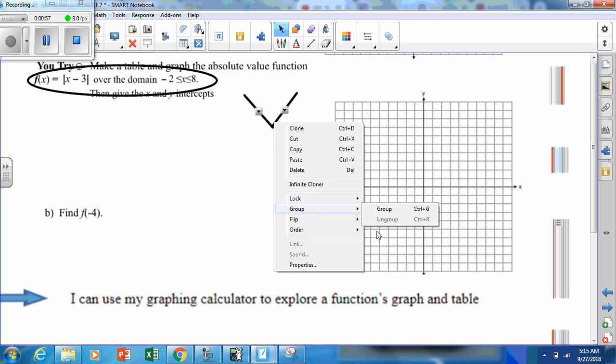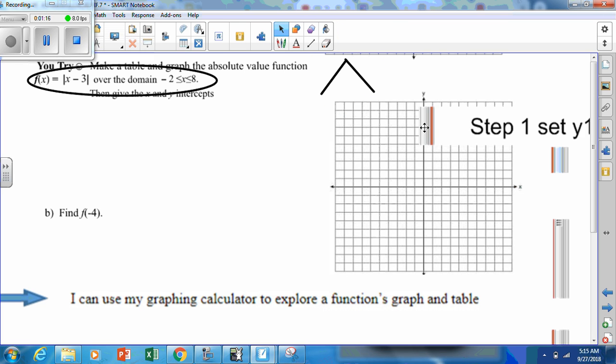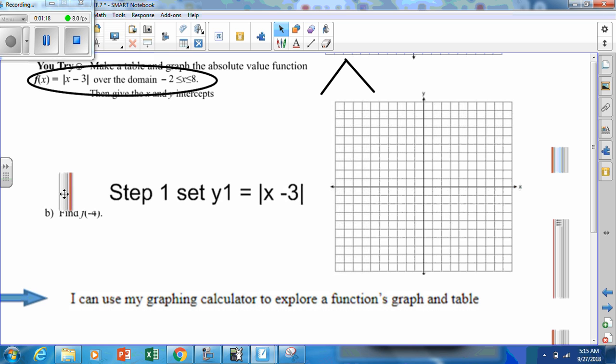Okay, as always, we've got steps to this thing. So let's take a look at the first step. Step number 1. We are going to put the function into a y1 setting. We go to our graphing calculator.